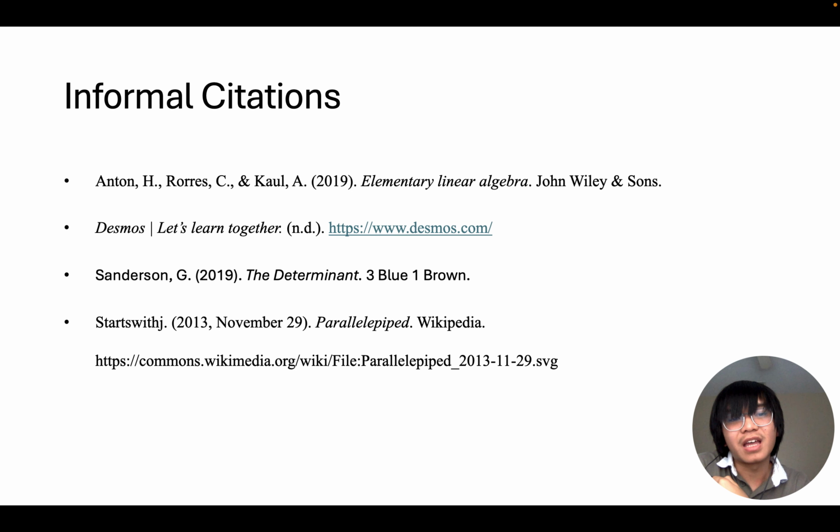We've reached the end of our PowerPoint here. Here are my citations. It is no longer informal. I've updated them with actual citations. You can thank the Elementary Linear Algebra textbook by Anton, the Desmos graphing calculator for all their visuals, and Grant Sanderson for his intro video on determinants, which is very helpful.